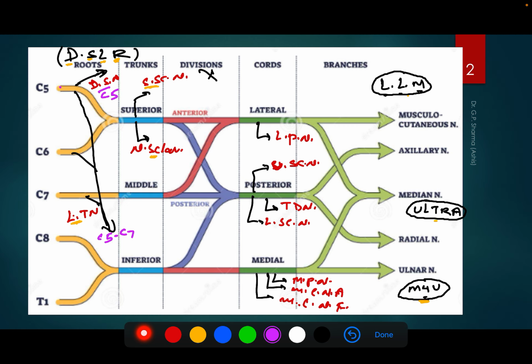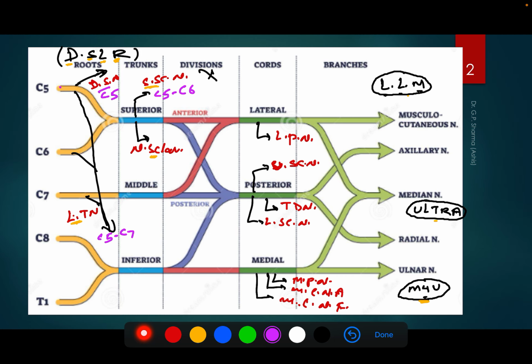So this is easy to remember, right? And then let's go to another nerve. This nerve is the suprascapular nerve. See, the suprascapular nerve is going this way. It is following this root and this root, that means it is going through these two roots, right? So the root value for my suprascapular nerve is C5 and C6.